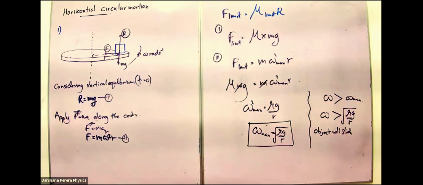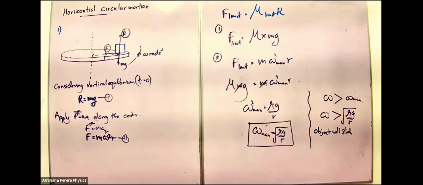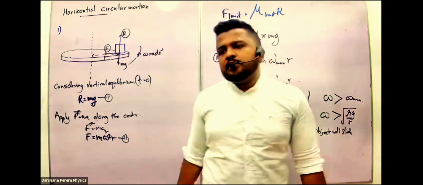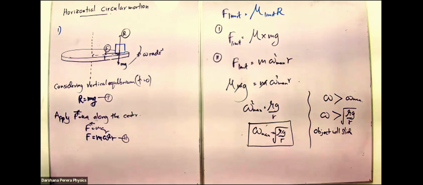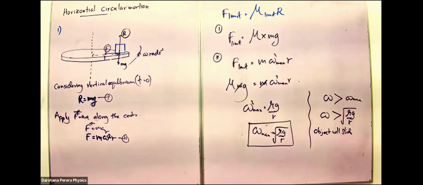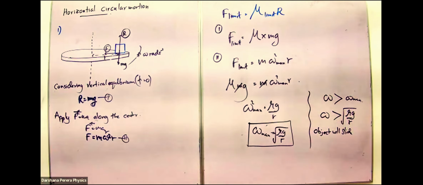It is the first example. Write down the problem. Find the minimum coefficient of friction between the table and the mass.